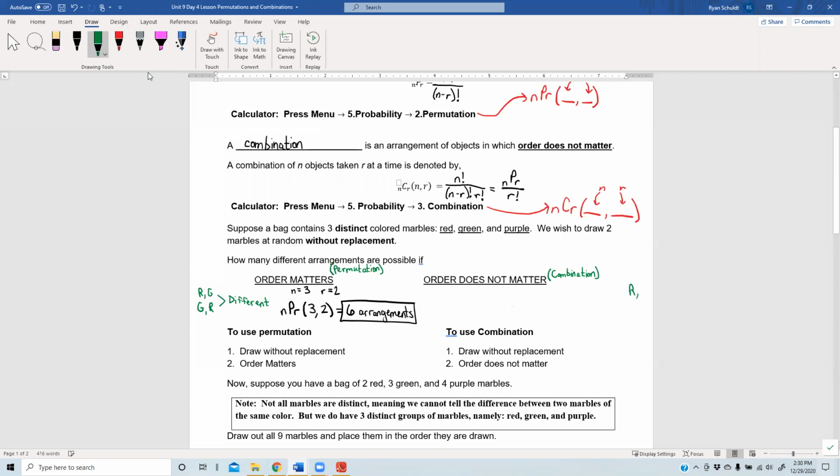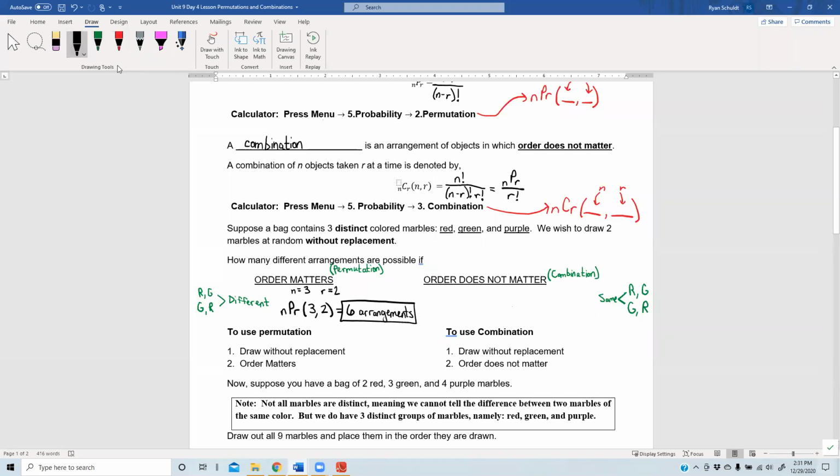So kind of going along with the red and green, if I drew a red, then a green, or a green and then a red, a combination says that these are the same. Those are the same. It doesn't matter the order I drew them. I drew them, move on. That's all that matters.